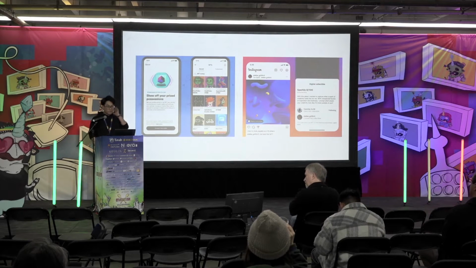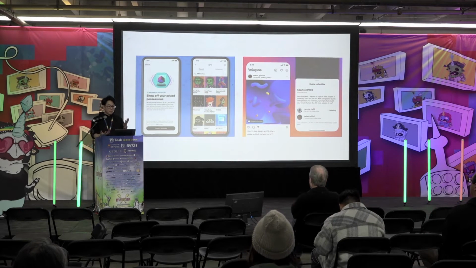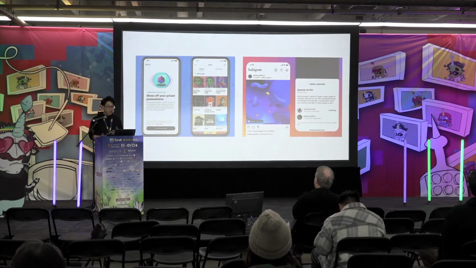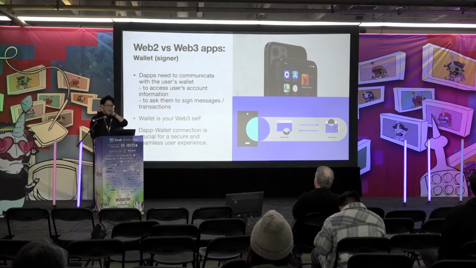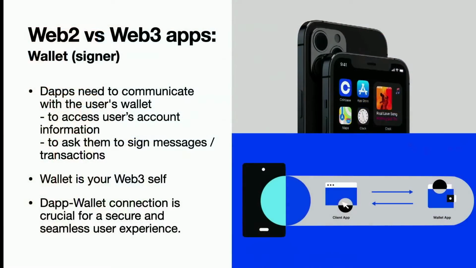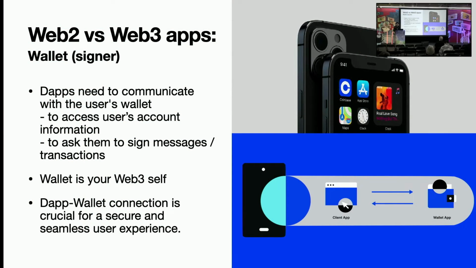So what makes building mobile Web3 apps so different? Isn't it just calling some Infura or Alchemy calls instead of Web2 APIs? Well, the biggest difference that I think in building Web3 apps is about the wallet, specifically dapp to wallet communication.